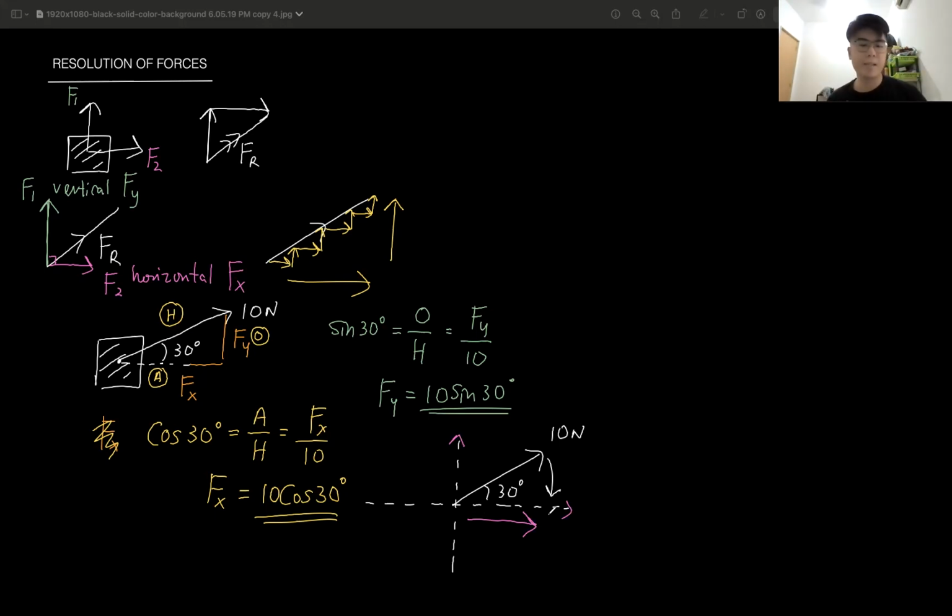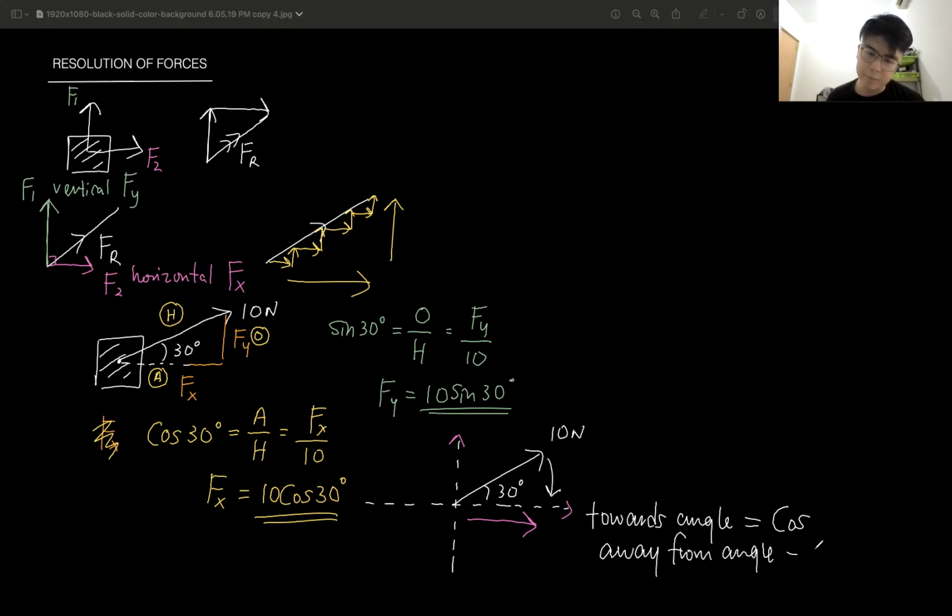When I bring it down like this, this movement is moving towards the angle 30. Towards angle corresponds to cos. Away from angle is sine.